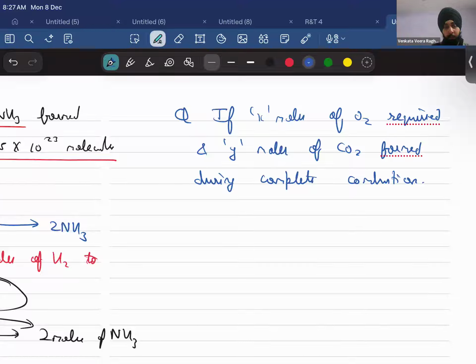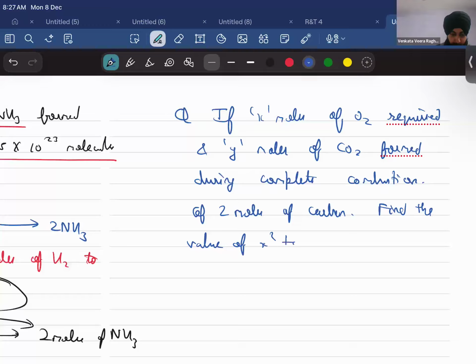Anything you react with O2, oxygen gas, and form some oxidized products, that is called a combustion reaction. During complete combustion of 2 moles of carbon, find the value of x square plus y square.